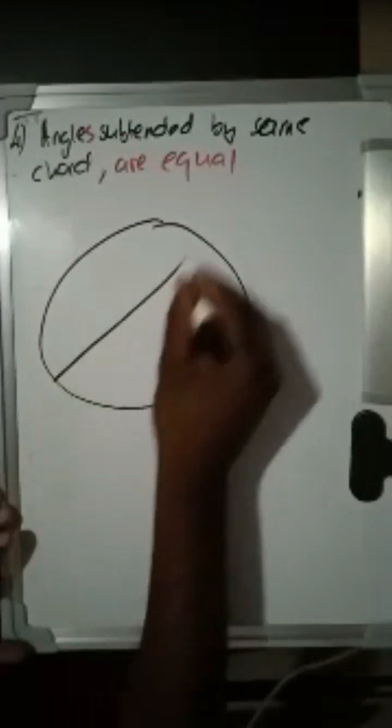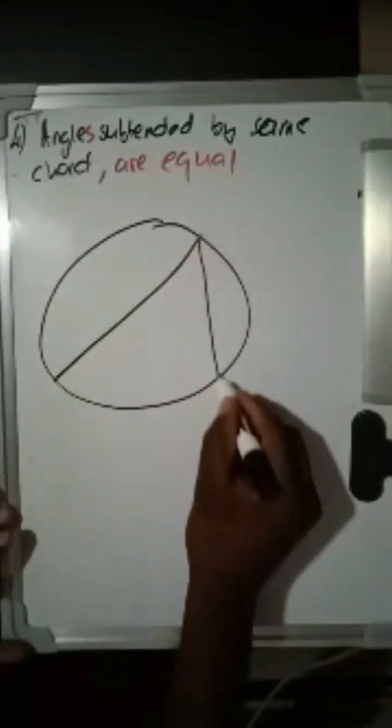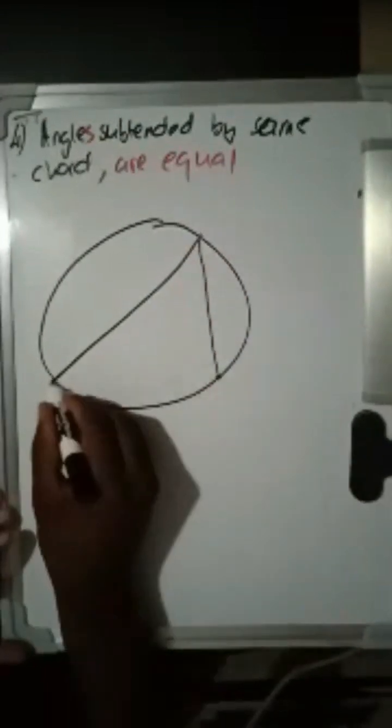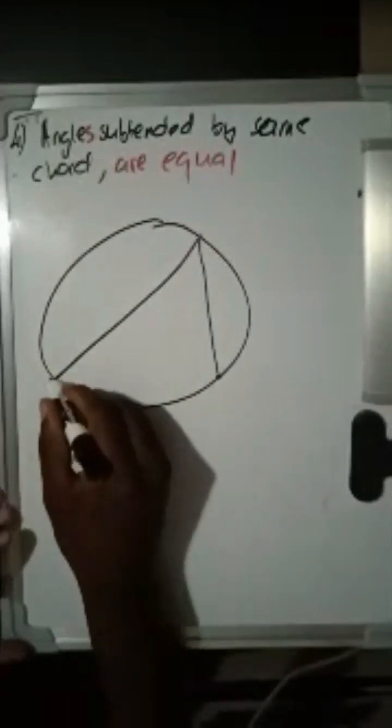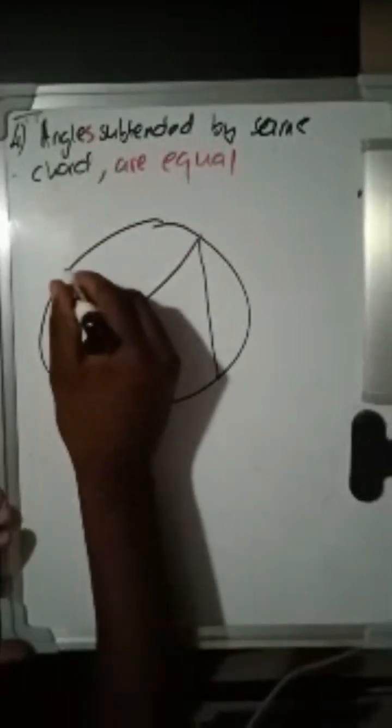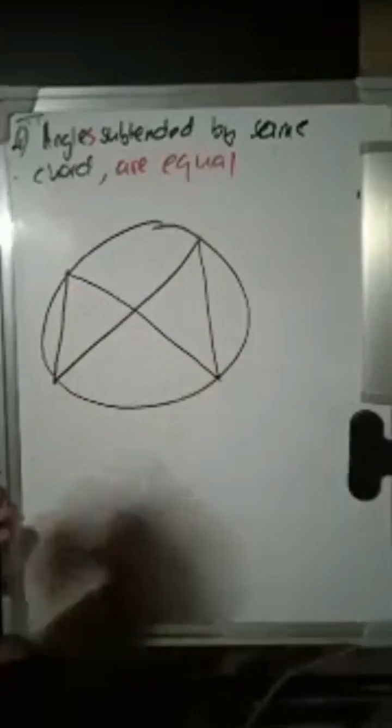What do we mean by that? If we have a chord, or the same arc, this is an arc from here to there, subtending two angles like that.